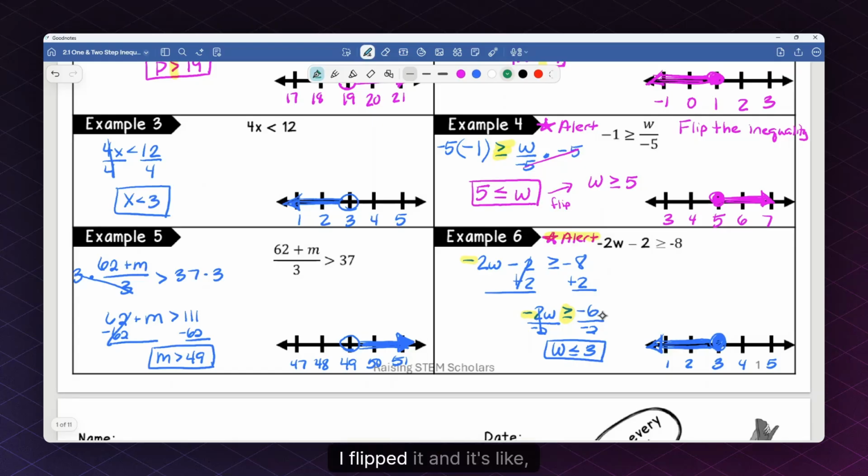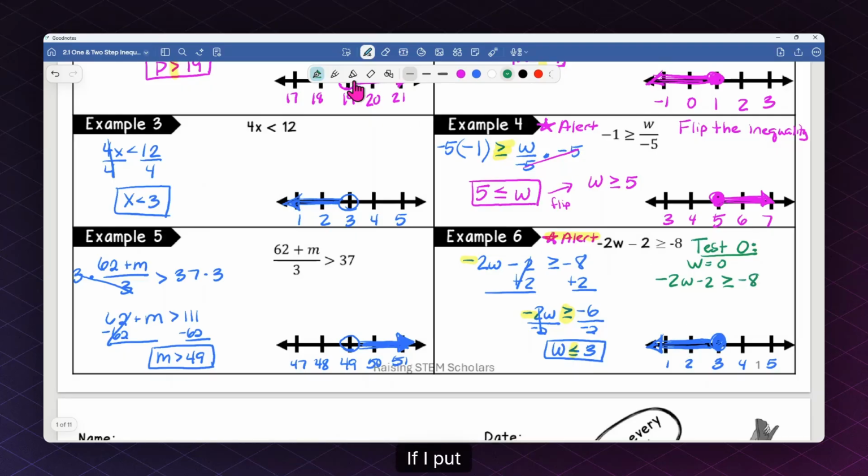Okay. I can pick a test point and I can just see, did I do that right? Because I flipped it, let's just make sure that I did this right. So let's say that I test 0. Okay, so I'm going to put in w equals 0. If I write this equation over again, I got negative 2w minus 2 is greater than or equal to negative 8.